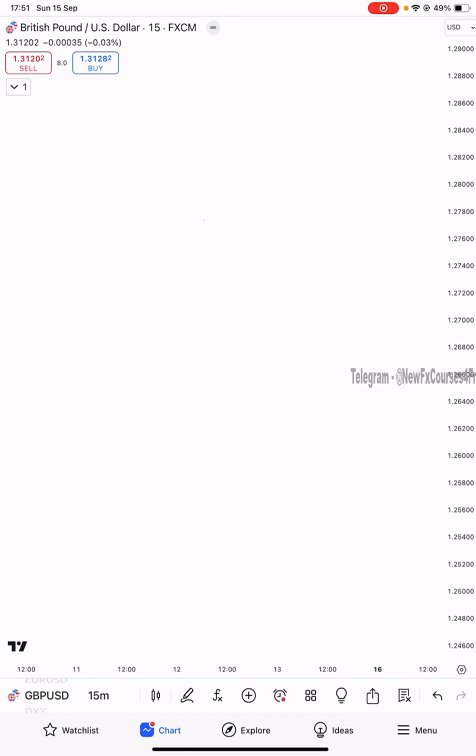Or if you are really getting pip drunk and catching crazy moves, indices for this model usually offer a crazy expansion. And if you become really good at anticipating with this model, you can catch crazy moves, because usually the 9 a.m. candle on indices, on S&P 500 and Nasdaq, forms 80% of the daily range.